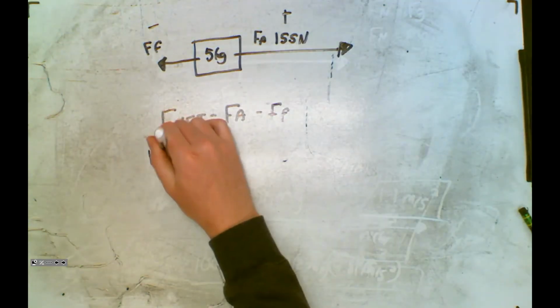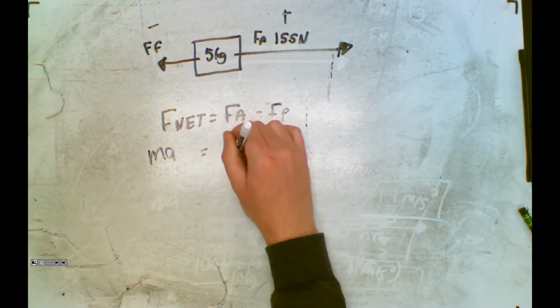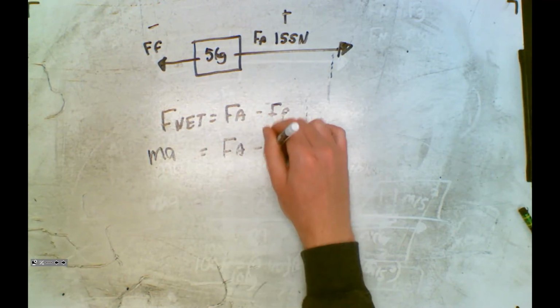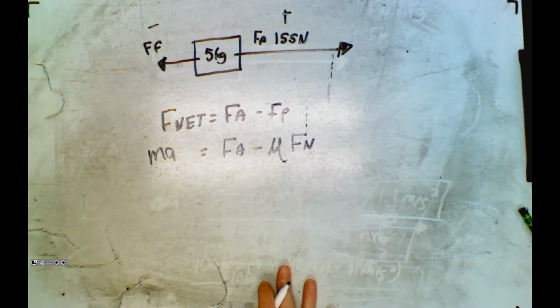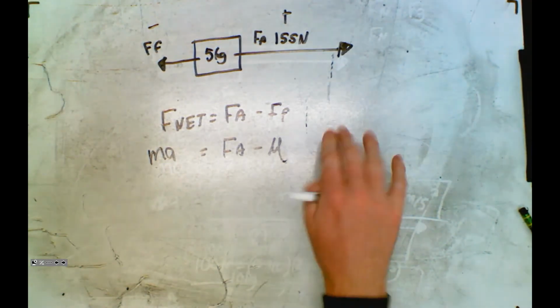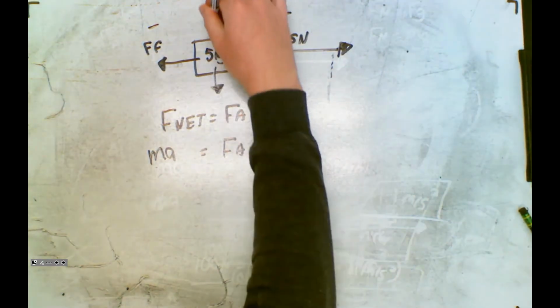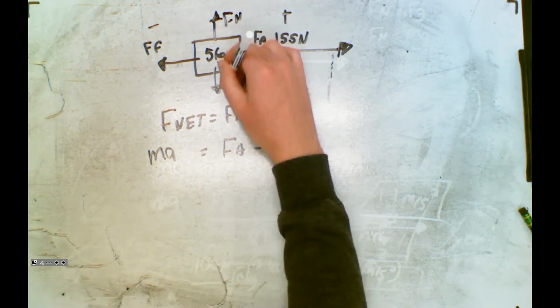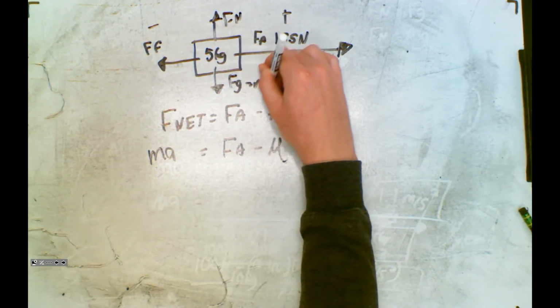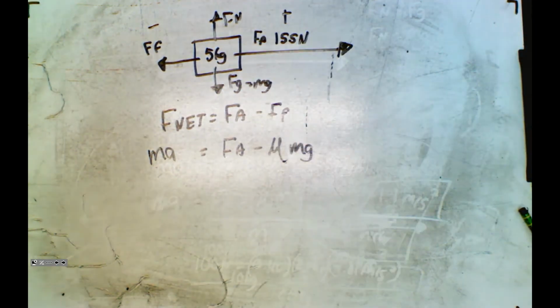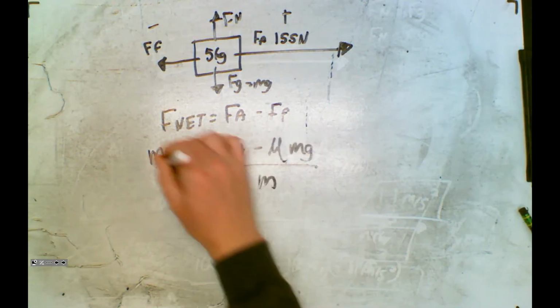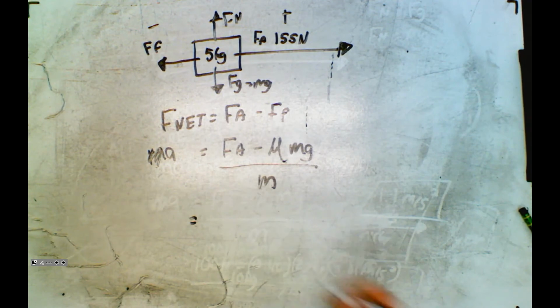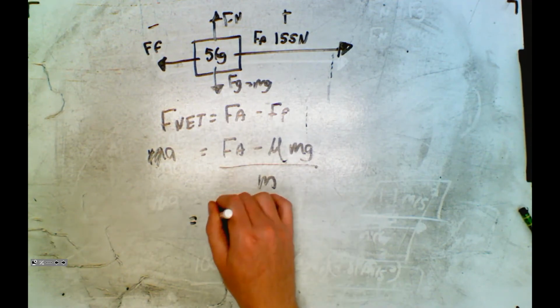We break this down into ma. We don't break that down, and this we break down into mu Fn, and we also know that force normal is equal to force of gravity, and force of gravity equals mg, so I can break that down into mg. Okay, we move our m over here, and we can plug in our stuff.